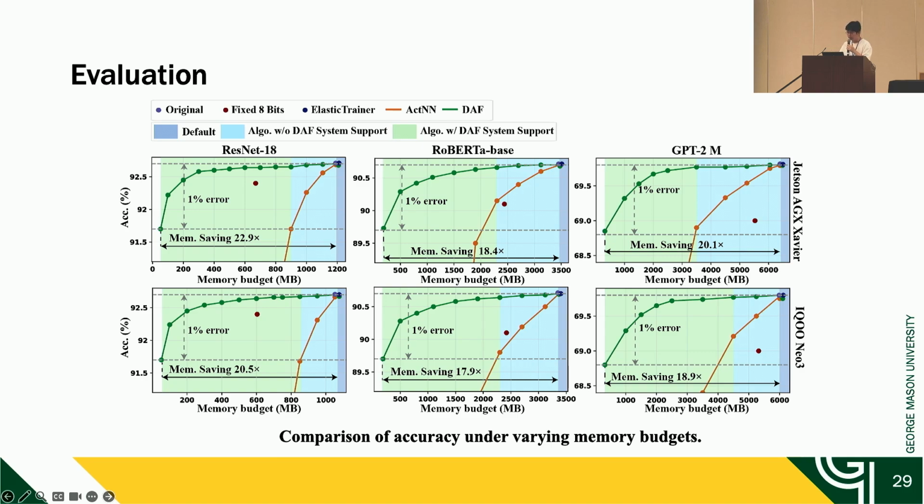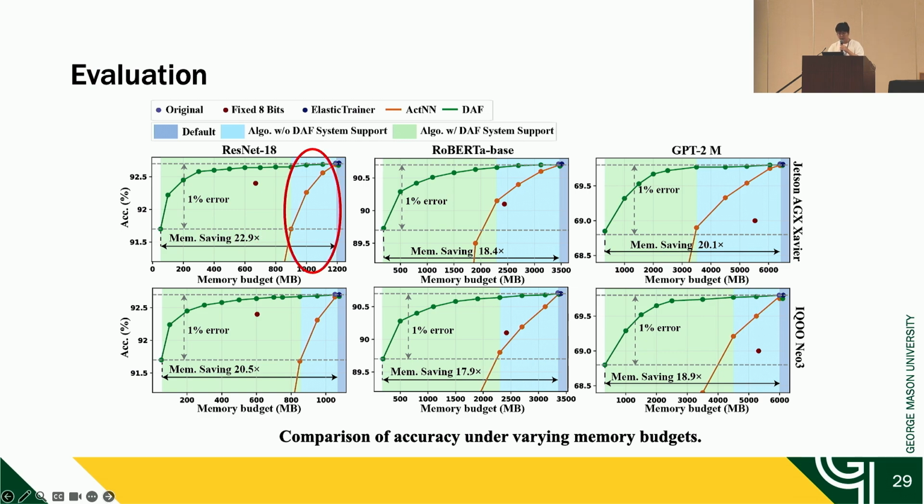Each point here represents the highest accuracy achievable under a fixed memory constraint. It reflects how different methods perform when memory is limited, especially on edge or mobile devices. And DAF achieves up to 22.9 times memory savings compared to default training.